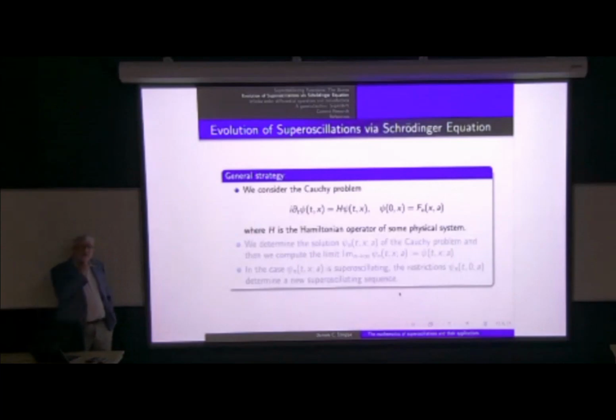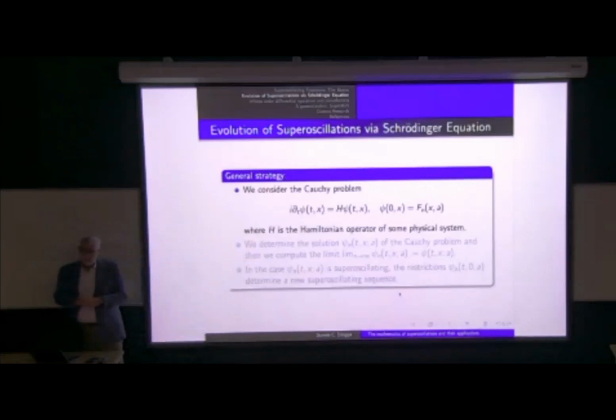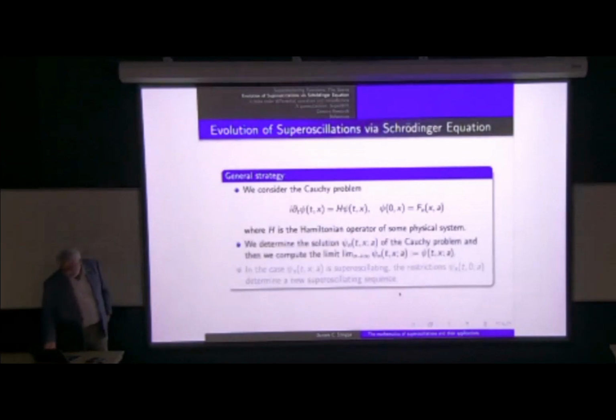One of the open questions, though, is being worked on by a group of people at Tulane University and at Washington University in St. Louis, who have some interesting ideas to answer it: for which Hamiltonians H can we apply the technique that I'm going to show you? We have a large class of solutions, but is there any characteristic of the Hamiltonian that will allow me a priori to say whether or not superoscillations are preserved?